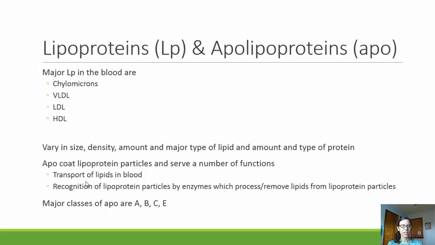These lipoproteins have characteristic size, density, amount, and major type of lipid and type of protein. The apolipoproteins coat the lipoprotein particles and serve transport and signaling functions. The major classes are A, B, C, and E.